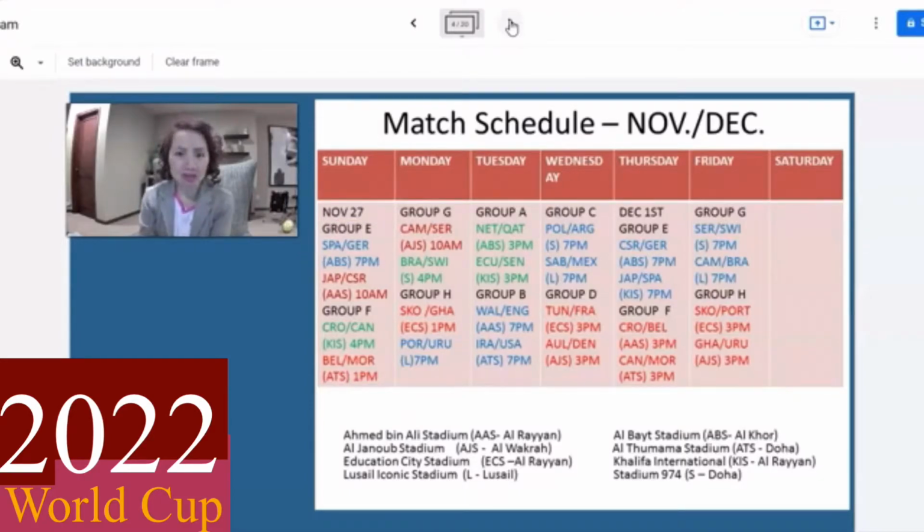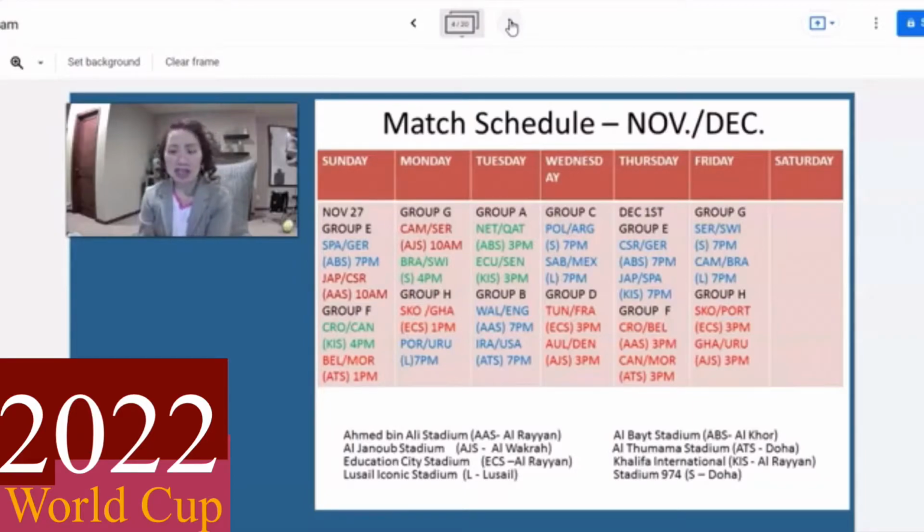Belgium, I think, has a relatively easy group, so there shouldn't be any surprises there. And Monday, Group H is in action again. Always interesting to follow Group H, I think, because they will have some interesting games there.